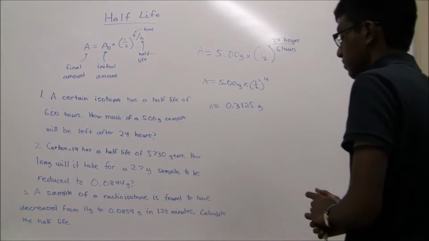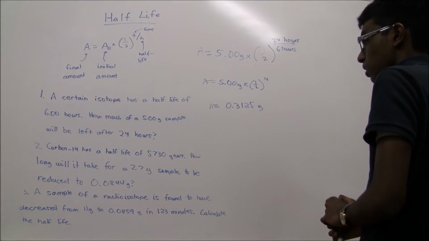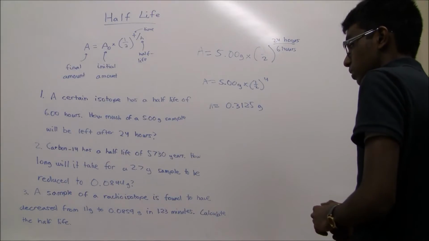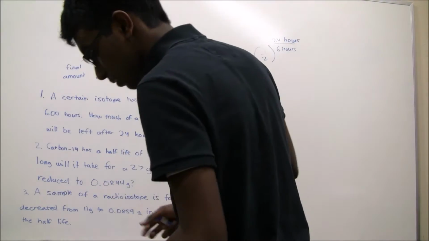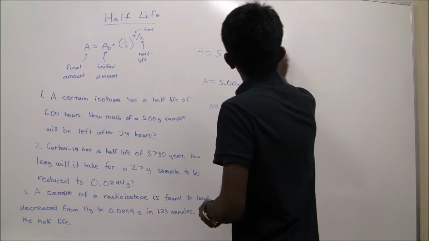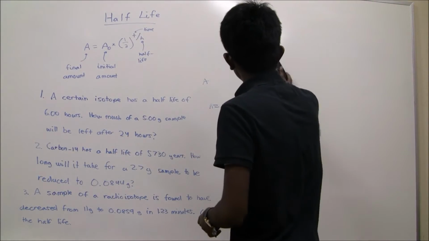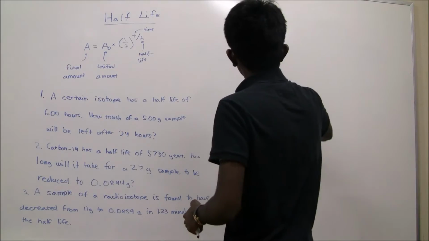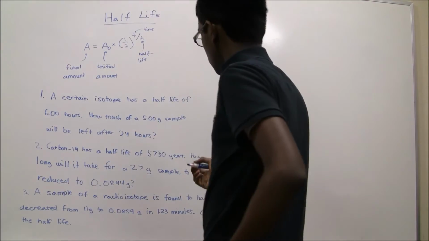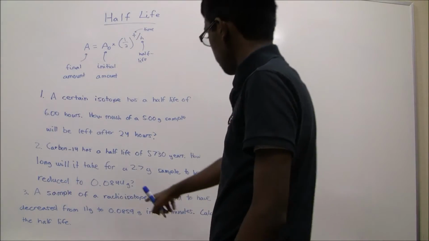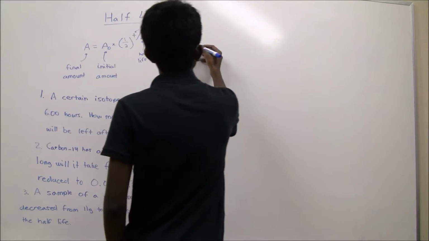Carbon-14 has a half-life of 5,730 years. How long will it take for a 2.7 gram sample to be reduced to 0.0844 grams? Okay. So you know your final amount is 0.0844 grams.